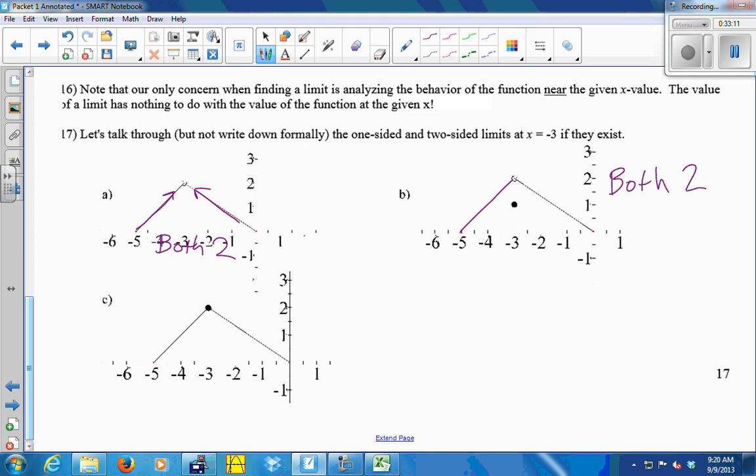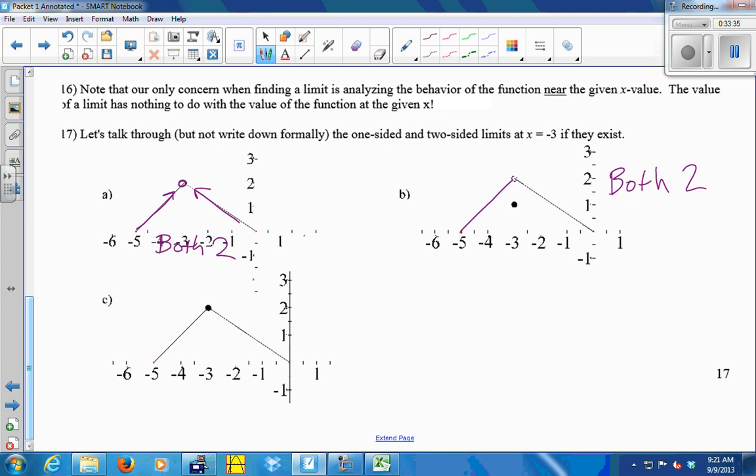Right? It doesn't matter that I put this little dot in here to define. So in part A, the function is just not defined at -3. There just is no value for the function at -3. But it still has a limit for x equals -3. For B, the function is defined at -3, but it's a different value than the limit.